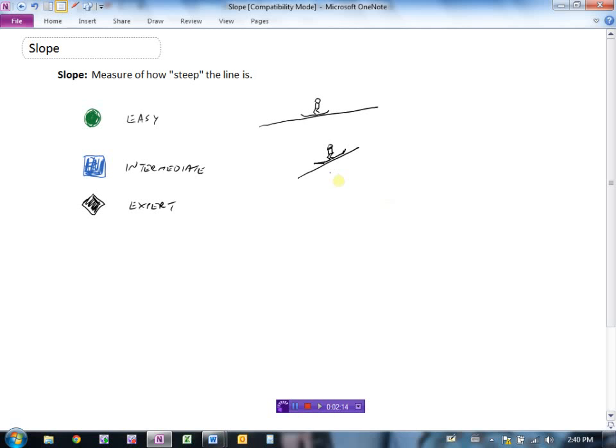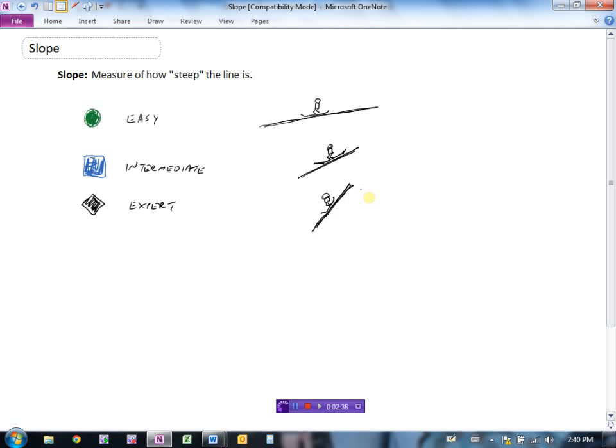So the runs would have a steeper slope. The intermediate runs and the advanced ones are steep.